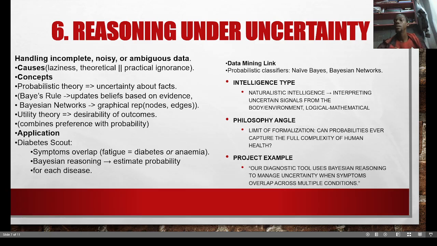So the causes of uncertainty, we have laziness. Maybe all the necessary resources can be collected, but due to laziness, we cannot find the remaining sources that can enable us to get all the necessary resources. Or it can be theoretical or practical ignorance.